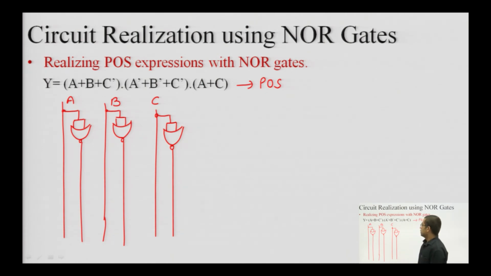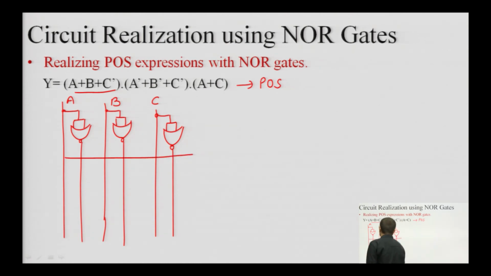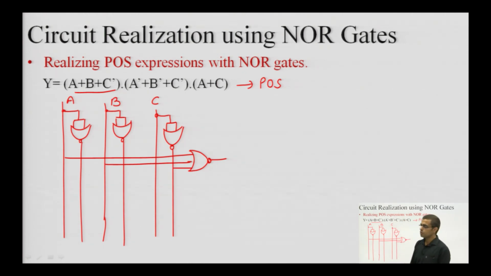Okay. Now, this sum has to be prepared a plus b plus c complement. So, this is a, this is b and this is c complement. Instead of using an OR gate, I am using a NOR gate.